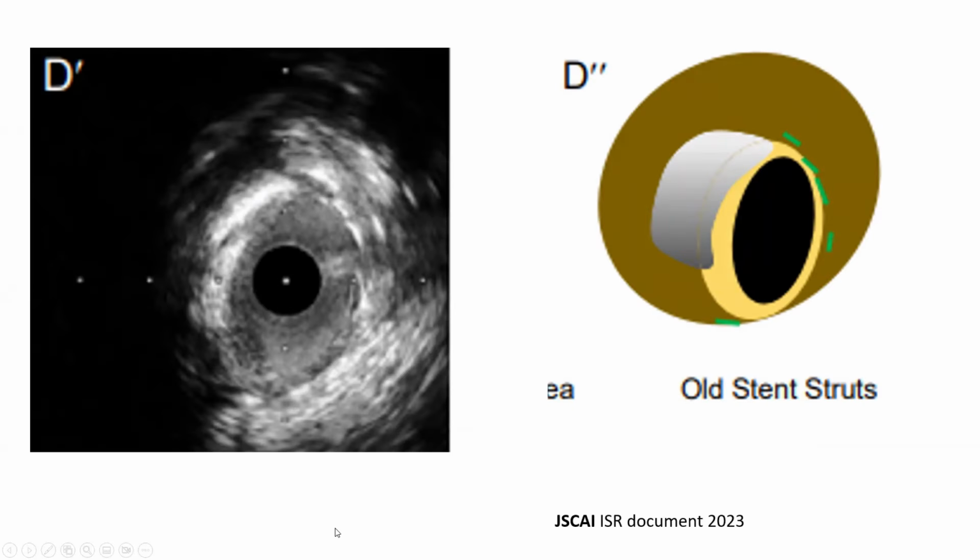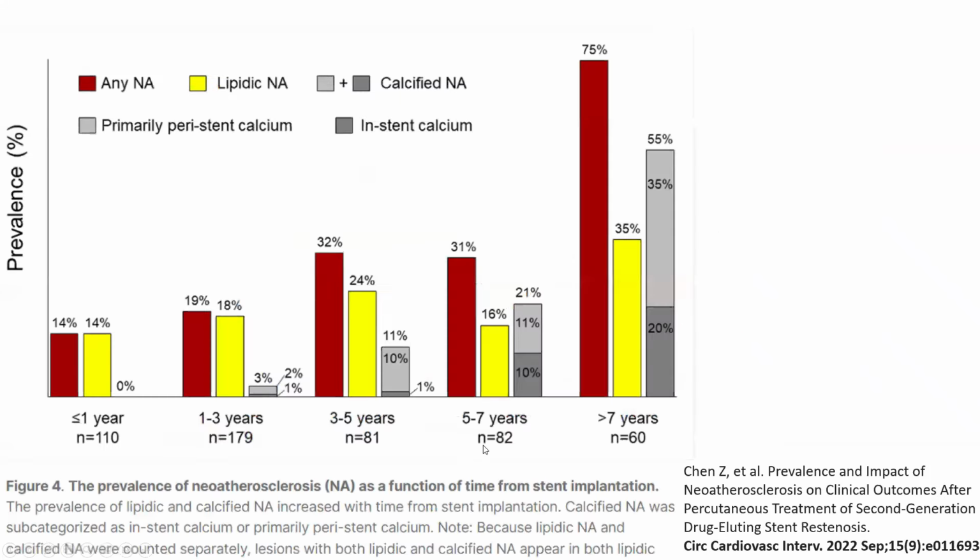Those are images from the literature showing you calcified neoatherosclerosis. Here you see stent struts, those white dots, and this is calcified neoatheroma that they highlighted in gray. This is a study that shows the prevalence of neoatherosclerosis in patients with in-stent restenosis versus the prevalence of neointimal hyperplasia.